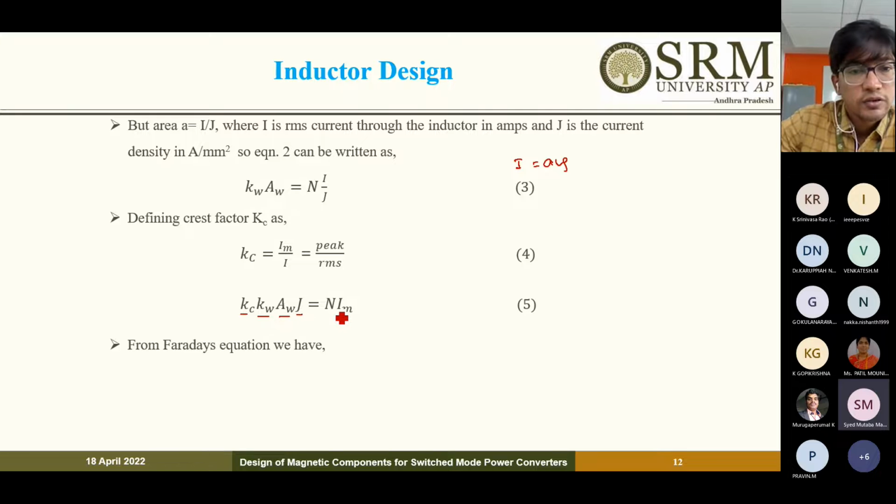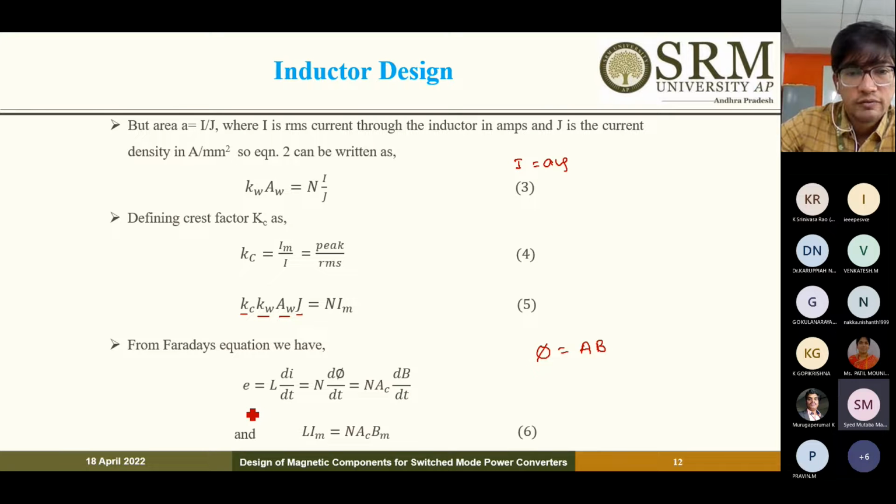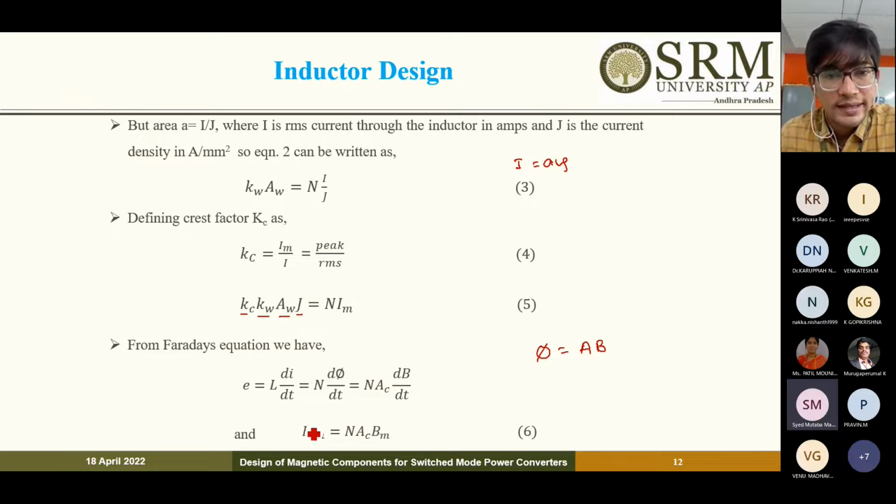From Faraday's law, E equals L di by dt, which is also N d phi by dt. Here the flux equals area into magnetic flux density. If we substitute here, this will be N into Ac into dB by dt. So from Faraday's law, L Im will be equal to N into Ac into Bm, which we have calculated.